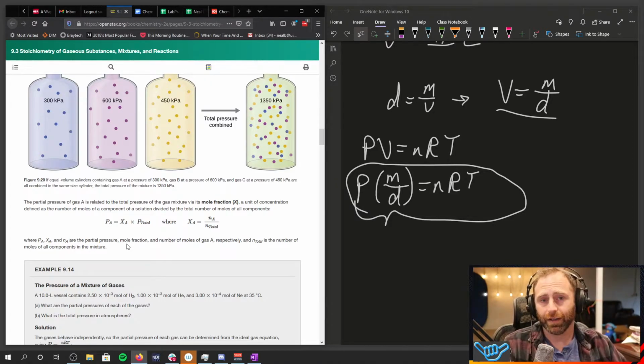Again, at this point in time, we've been talking about how the pressure of something is dictated by the number of collisions. More collisions, more pressure. One of the ways to increase your number of collisions is to increase the number of stuff. See some of the previous videos that we've done. So if we wanted to figure out how many particles we actually had, there's a number of ways that we can do that.